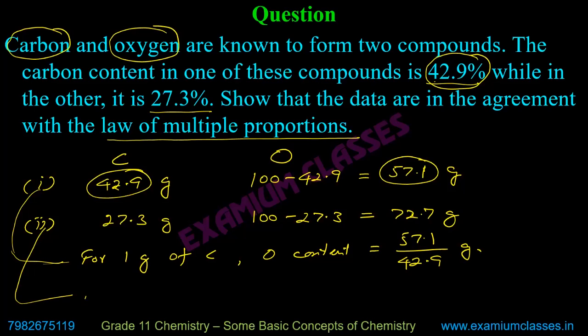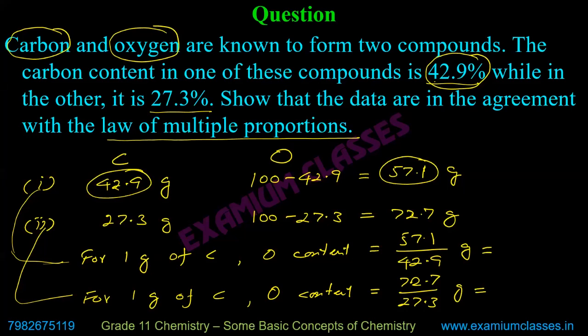From this one, for 1 gram of carbon, oxygen content is 72.7 divided by 27.3. The approach is similar. Okay, now simplify this.